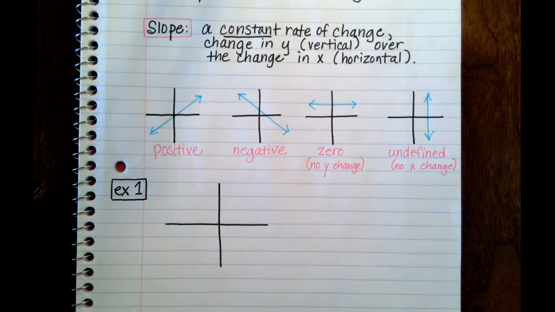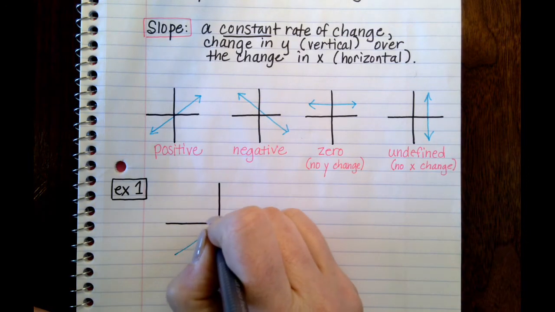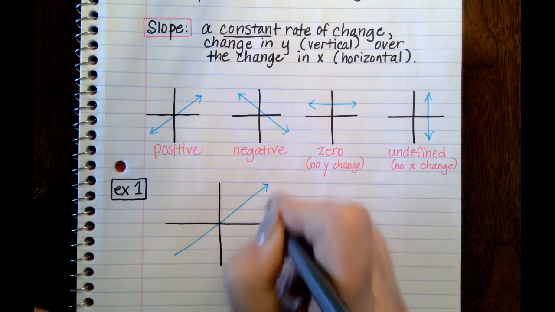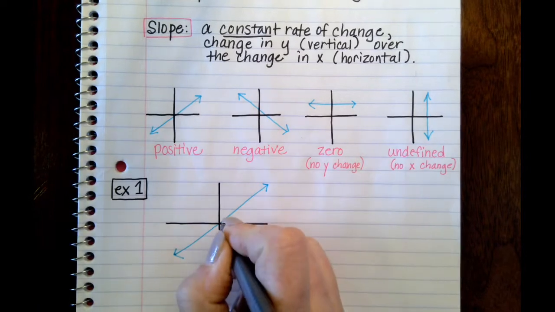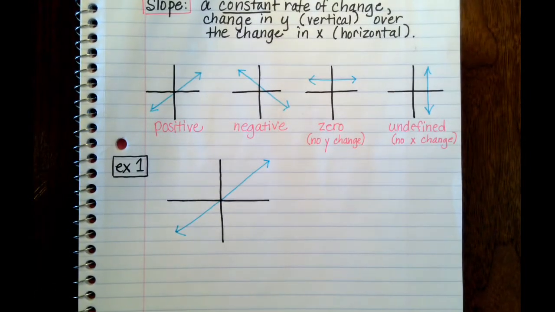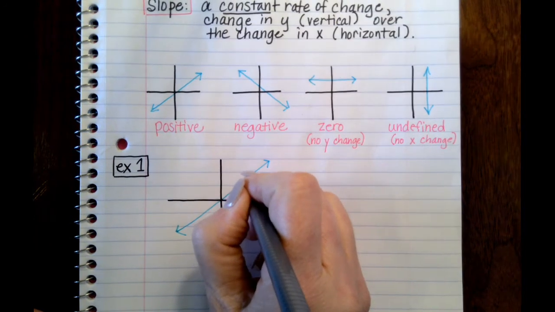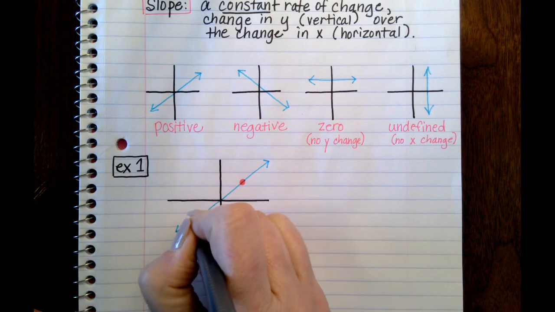Now let's say that I have this line, and I'm going to draw it straight through what we call the origin, or that point at 0, 0. And then I'm going to label 2 different points on this graph.